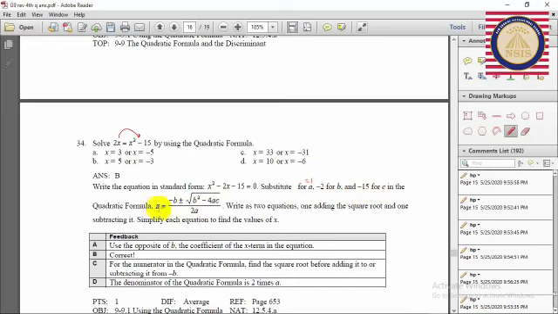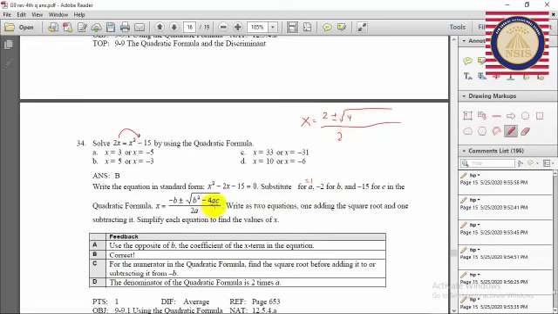Let's substitute here. Okay, x equals, what's the b? Negative b, which is negative 2, which is 2. Over 2a, 2 times 1, it's 2, plus or minus square root of b power 2, which is 4. Very good.